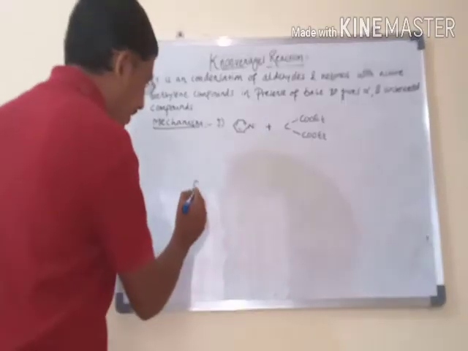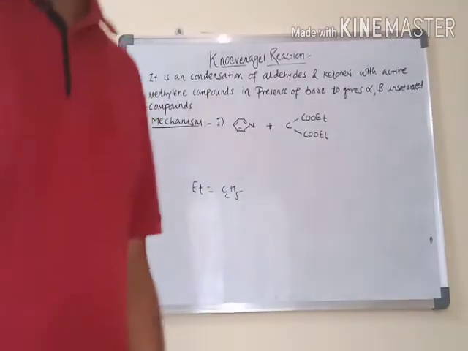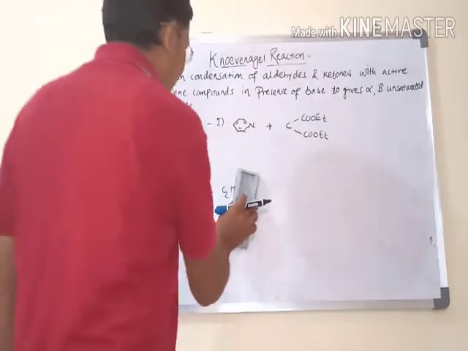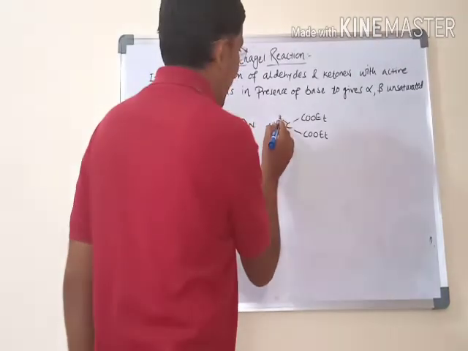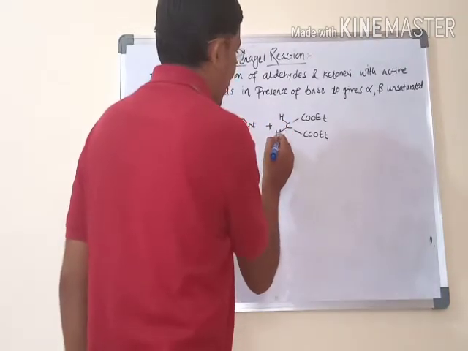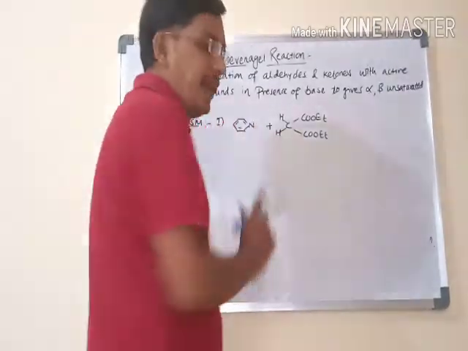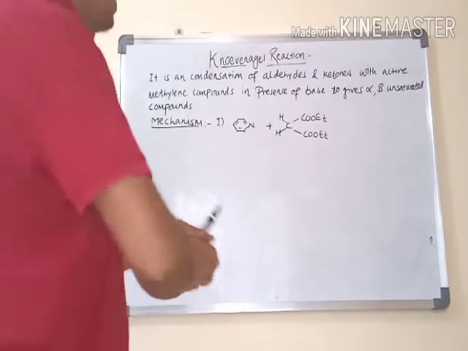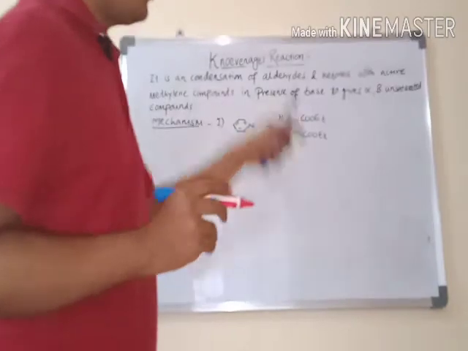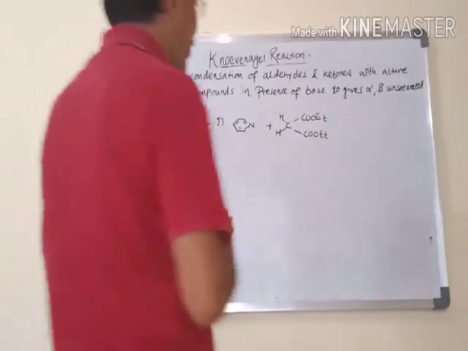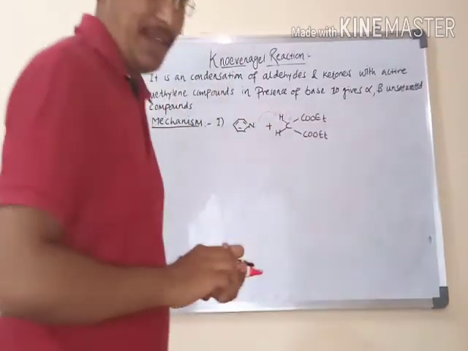Et means ethyl group, C2H5. Et is nothing but C2H5, ethyl, short form Et, for methyl Me, like that. Now, these are the two active hydrogens. What happens here? The lone pair of pyridine will take the proton, and the electrons between the carbon and hydrogen will be shifted onto the carbon.